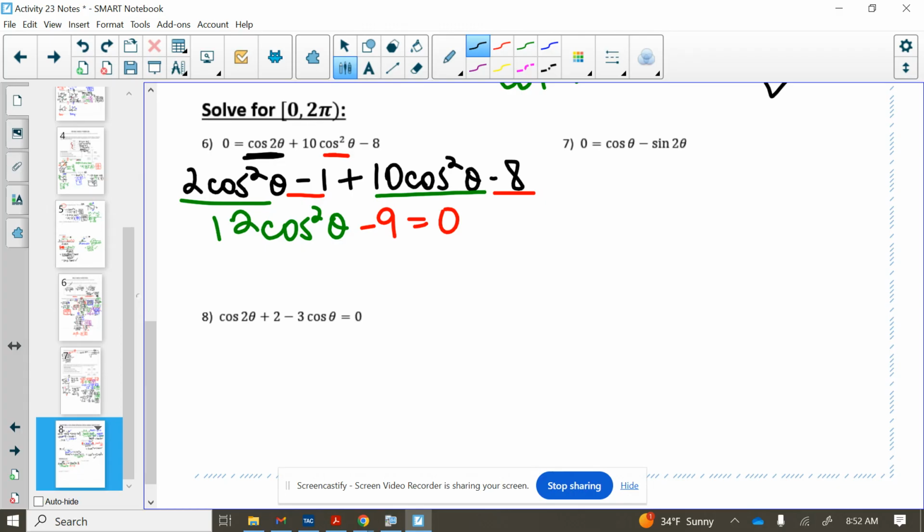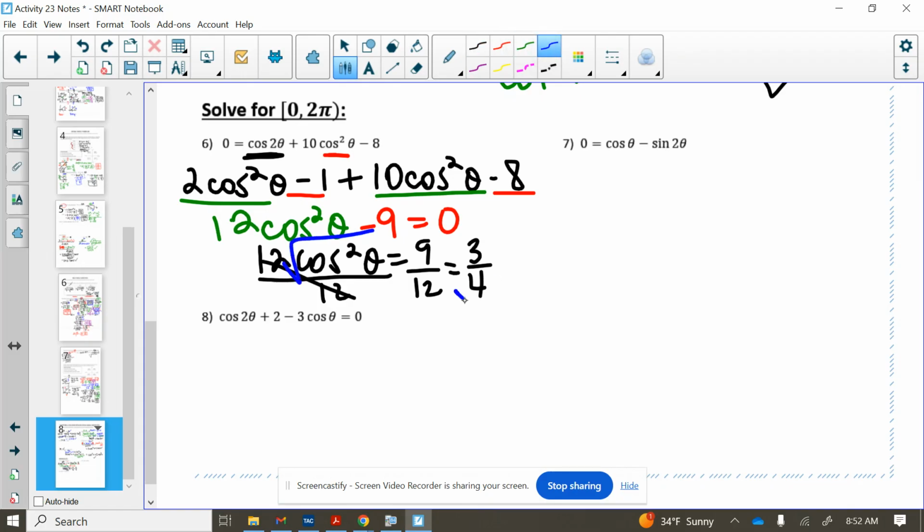So what I can do is add the 9, and then divide by the 12, so that I get where cosine squared is equal to, if we simplify this, 3 over 4. Both of those are divisible by 3 after we have that 9 over 12. And a reminder, when we square root, you want plus or minus.